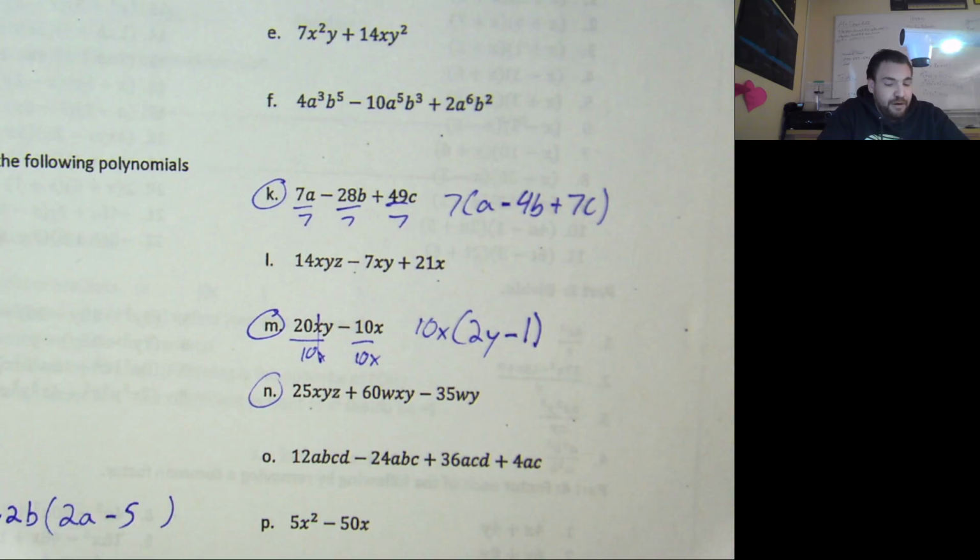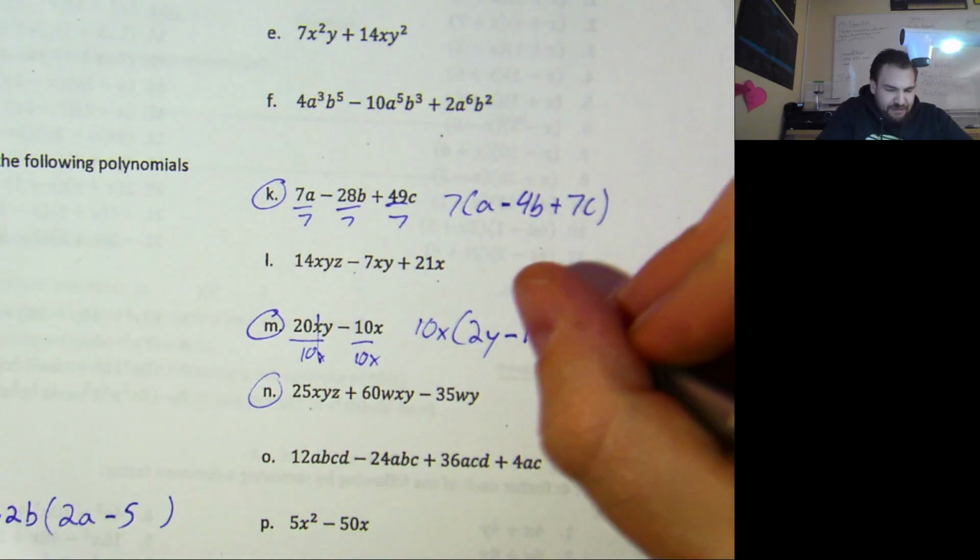And then n, what's our problem with n? What was the answer for n? It's going to be 5xz plus... Sorry, let's just do this.